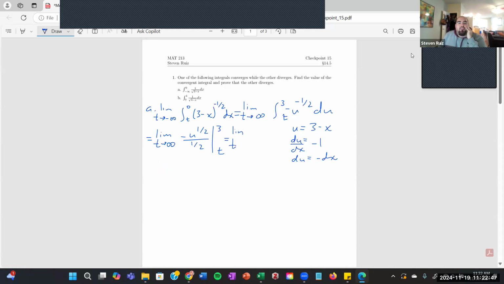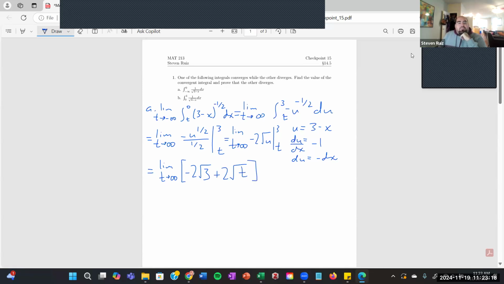The limit as t goes to infinity of -2 radical u, evaluated from t to 3. Now let's actually evaluate those limits. So the limit as t goes to infinity of -2 radical 3 minus negative, so +2 radical t.